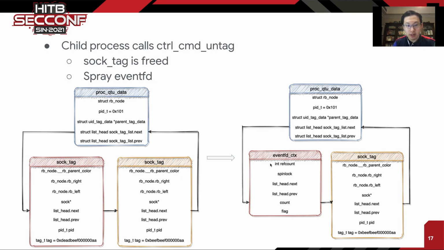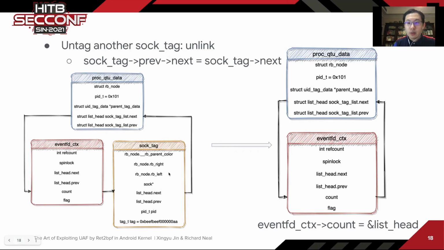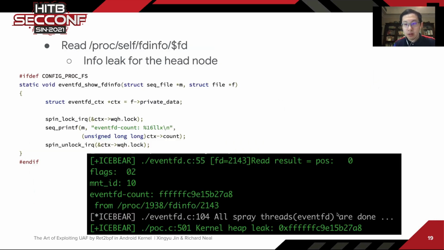So now you see two socket tag structures linked together, and one of them is actually an eventfd structure. Now we untag the socket tag on the right side, so the count from the eventfd structure is overwritten with the address of the list head by the unlink primitive. Now you may get the eventfd count by reading the pseudo file system.